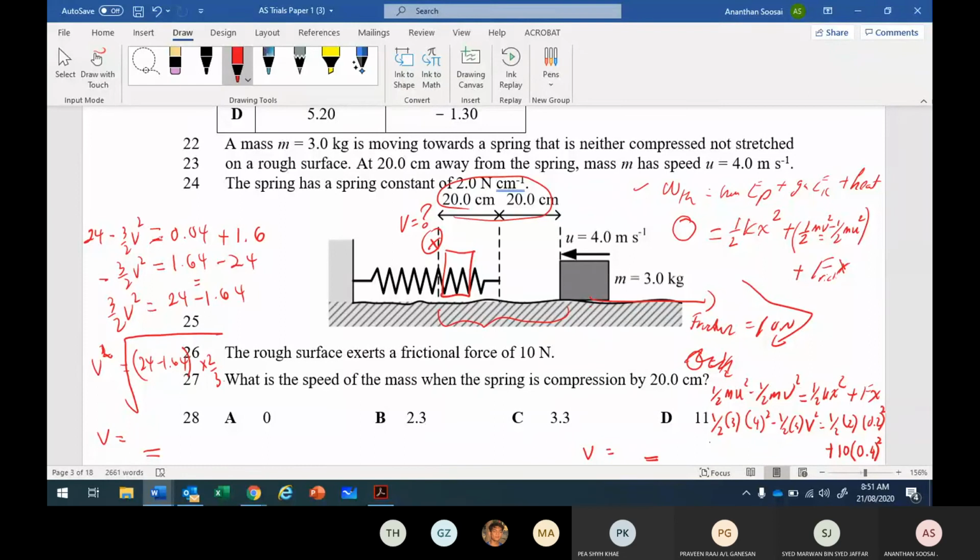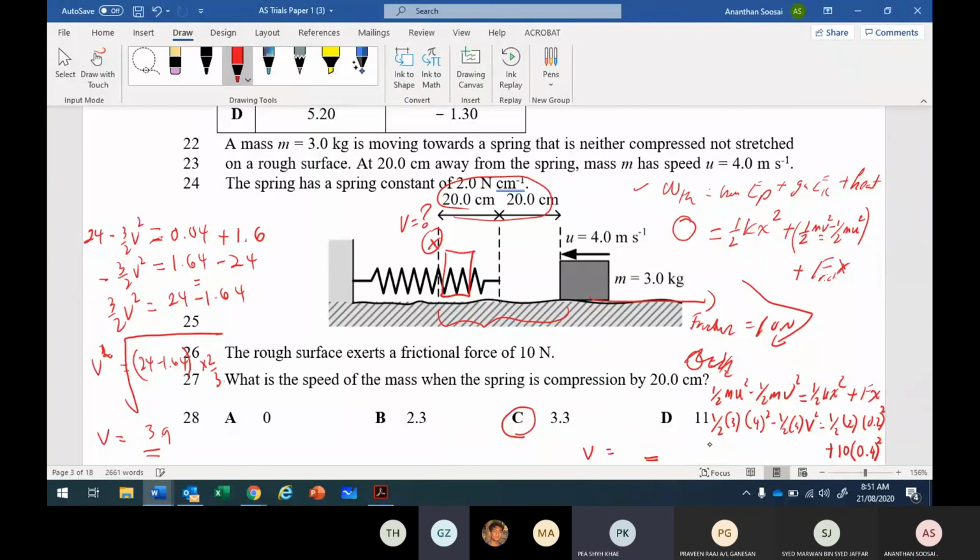Please use your calculator and get the answer. I got 3.9. What is the answer given? Yes, the answer given is C.